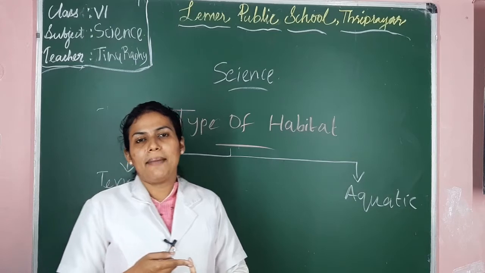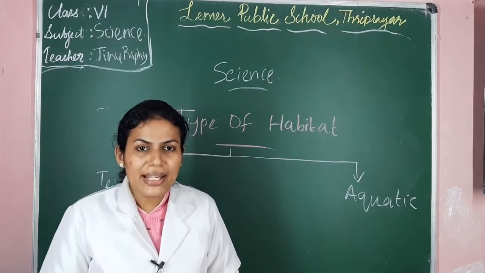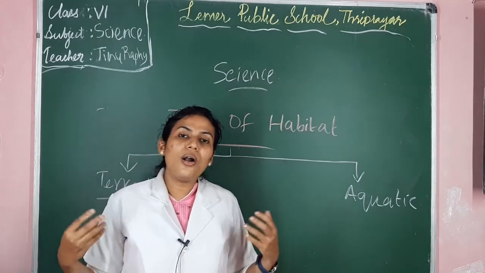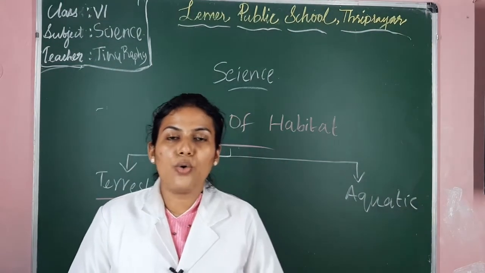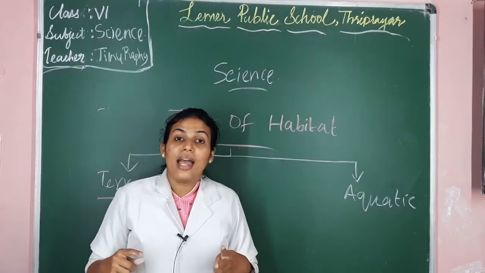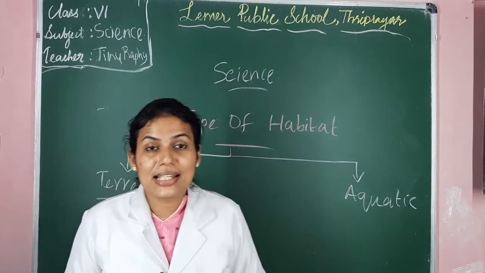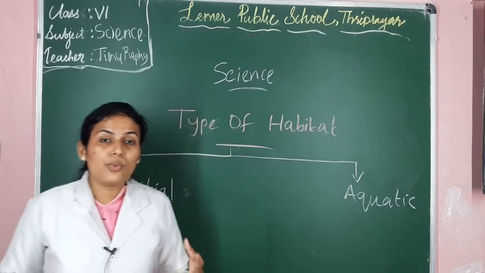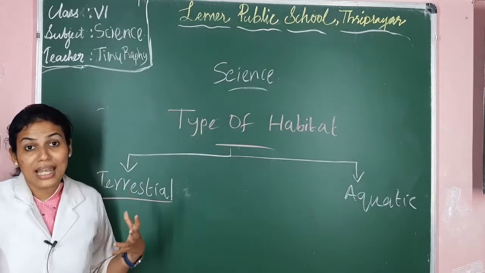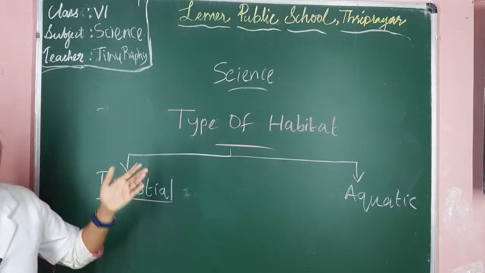Yes, humans are an example for terrestrial organisms, and all the organisms we see around us on land like cow, goat, tiger, lion and plants, trees, etc. are examples for terrestrial organisms, isn't it? So the place where these terrestrial organisms live is what we call terrestrial habitat.